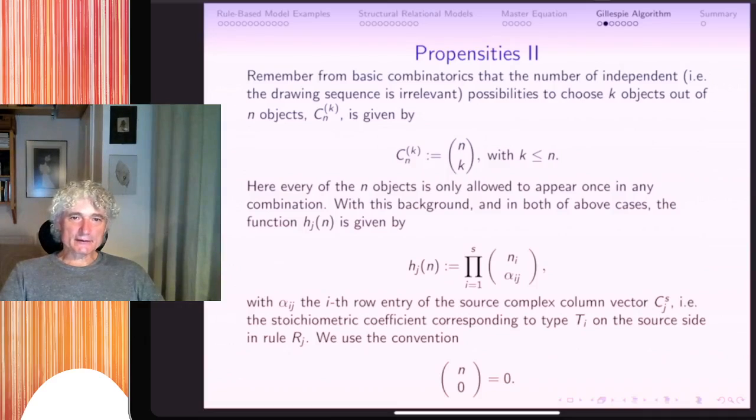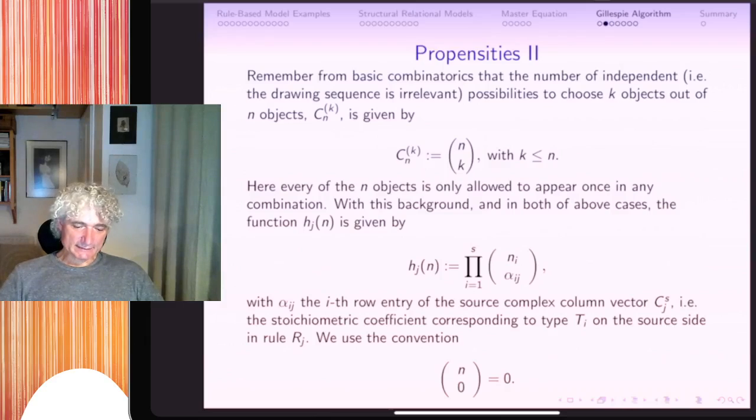With this background, we now define h_j(n) as a product over all these factors n_i over alpha_ij, where n_i is the entry in the state vector. So you have the assumption here that you have n_i many objects of type i, and alpha_ij is the stoichiometric coefficient on the source side.